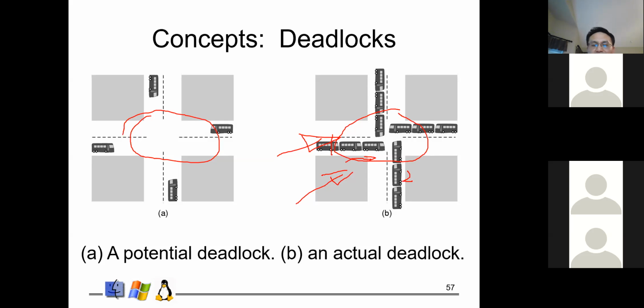So you could have algorithms that, with all the ongoing resource requests and availability of these resources, navigate between them to make sure that a deadlock wouldn't happen. So that's what we call deadlock avoidance.